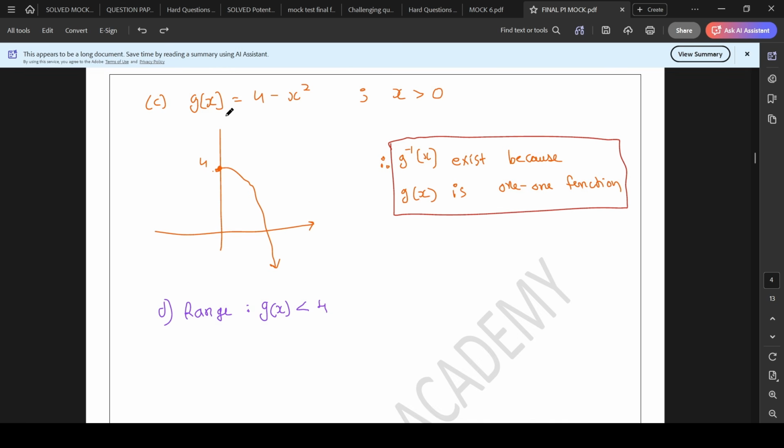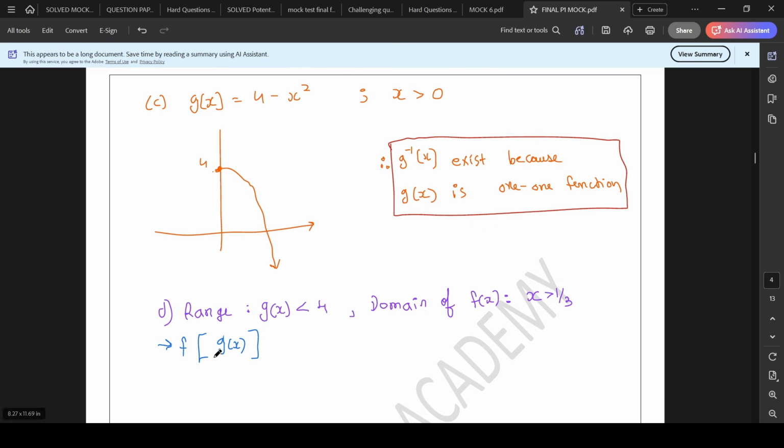So I know that the g(x) values are going to give me output values that are always less than 4. Now if I compare this with the domain of f(x), which was given to me as x greater than 1/3. Okay, and right now I'm trying to make a composite function f(g(x)).